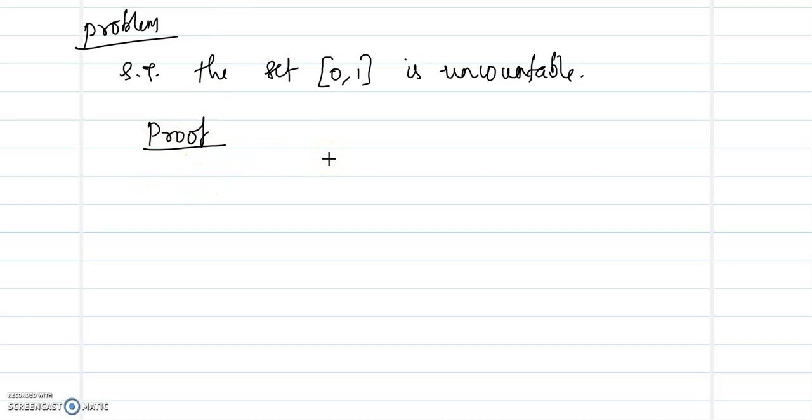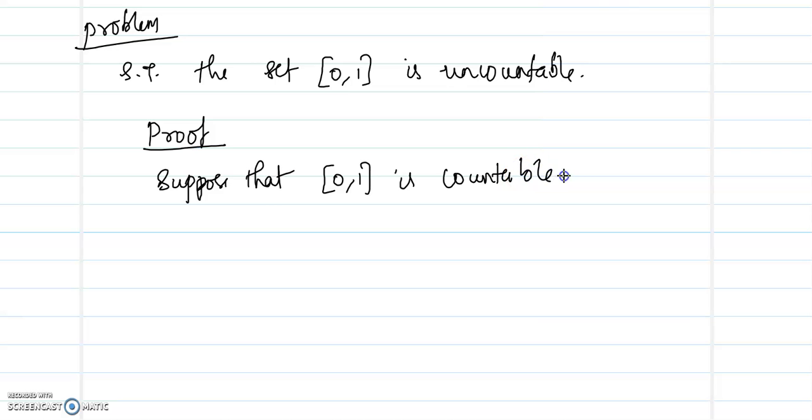Now let us assume by contradiction that the interval 0, 1 is countable. So suppose that the closed interval 0, 1 is countable. So if it is countable, as we have seen, its outer measure will be equal to 0.